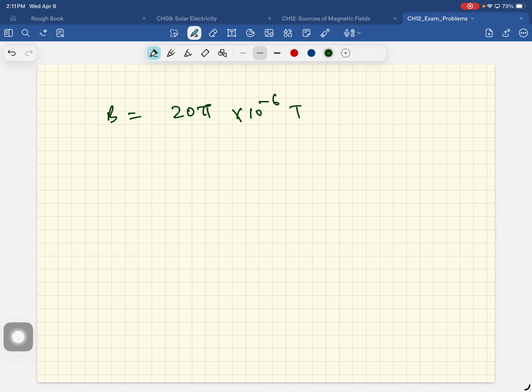They tell us N turns, current I, and that's all they tell us. So there's the expression.